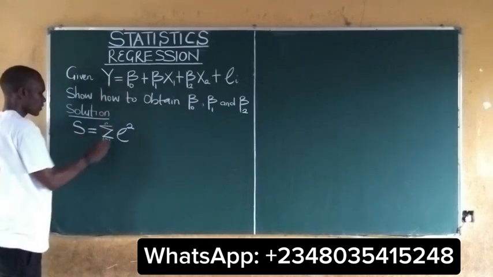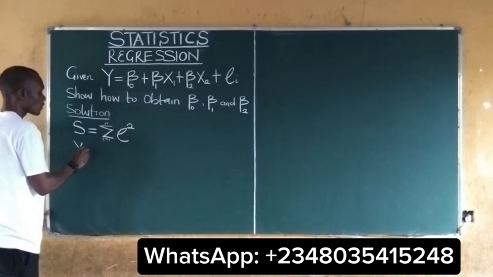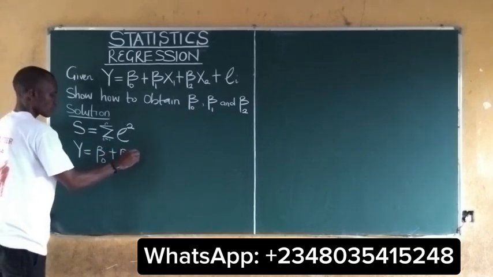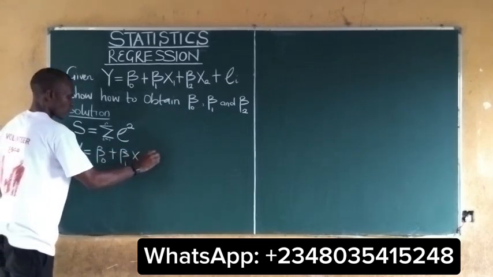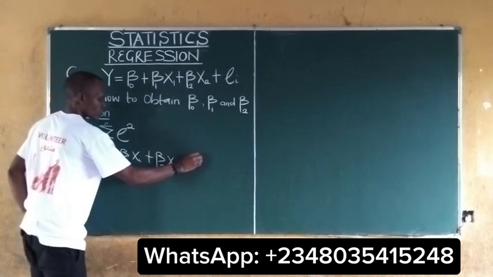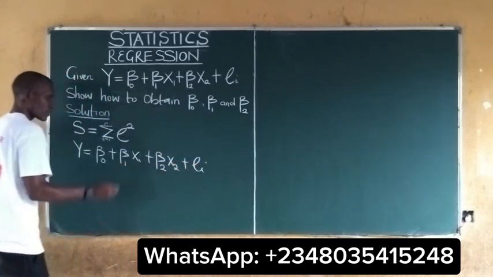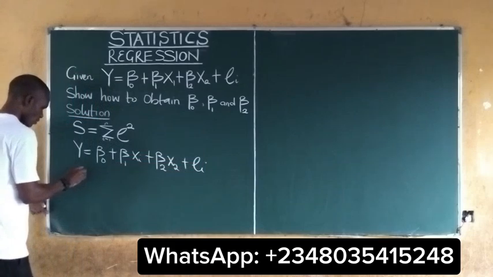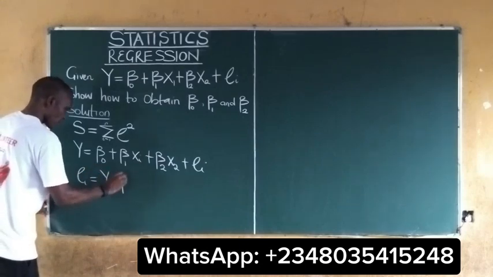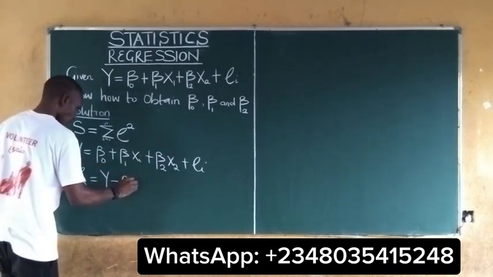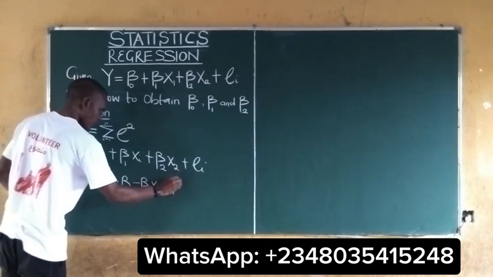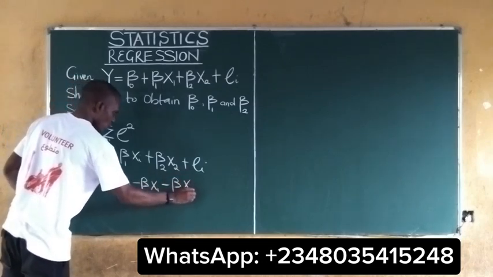Of course, from this, if we have Y equal to B0 plus B1 X1 plus B2 X2 plus the error term, we can make the error term the subject of the formula. It then means we'll have Y minus B0 minus B1 X1 minus B2 X2.